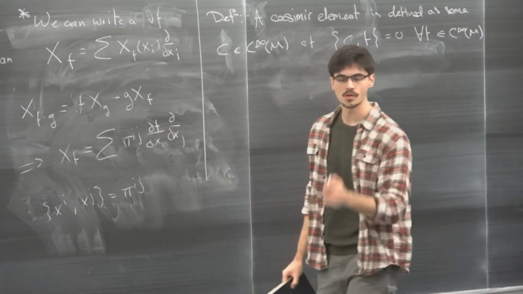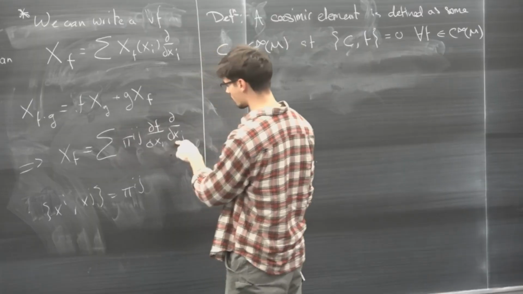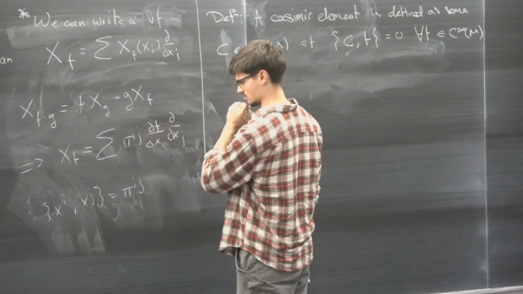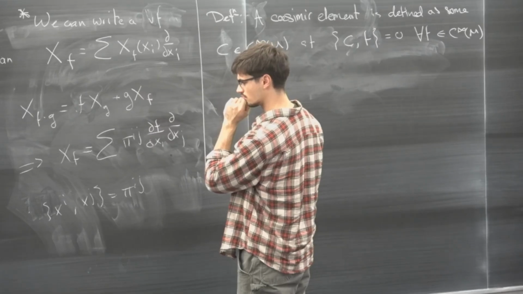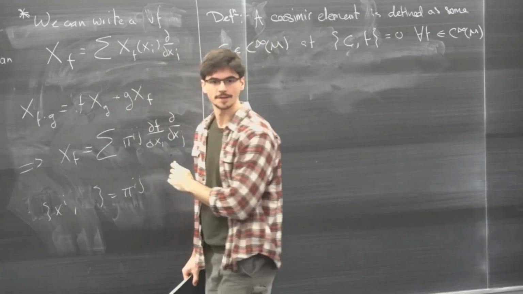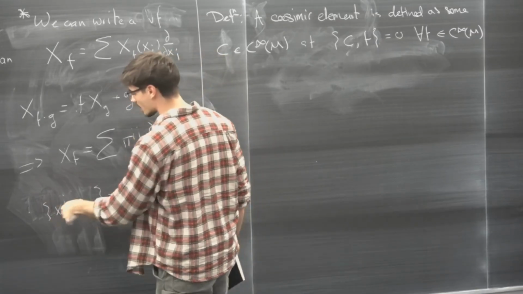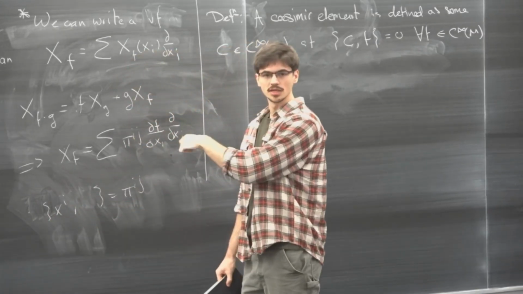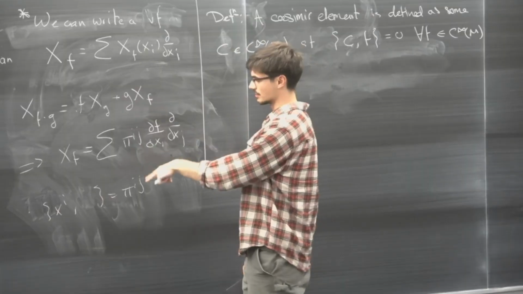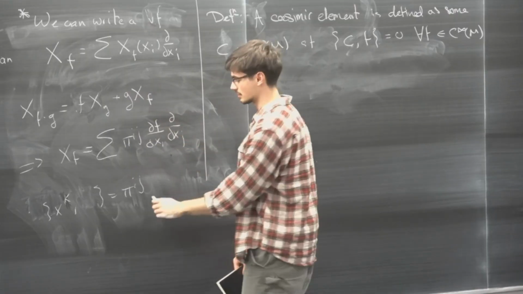If you plug in f for xj, you get the partial of f with respect to xi, because you're picking out the individual term. If I do xk, you just get the kth derivative of f.